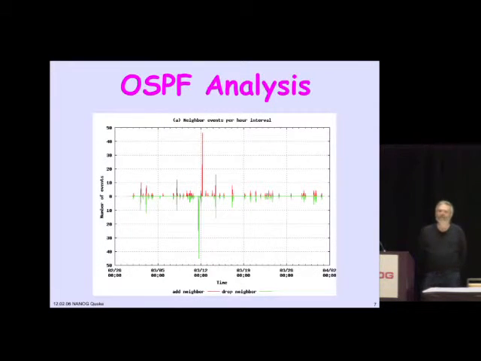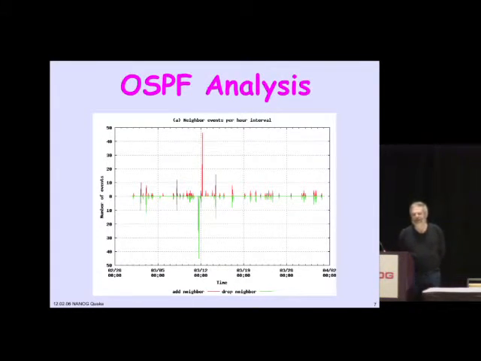So we bucket events in an hour. In Asia, usually red is good and green is more neutral, so don't get fooled. What you're seeing is the neighbor adds are the red going up, neighbor drops are the greens going down.